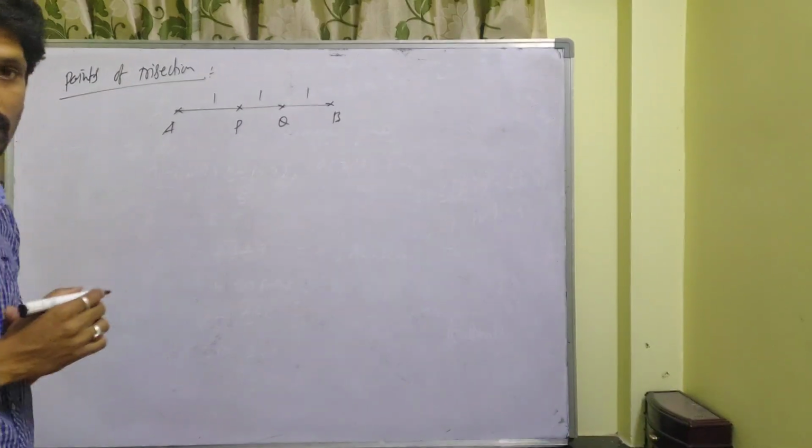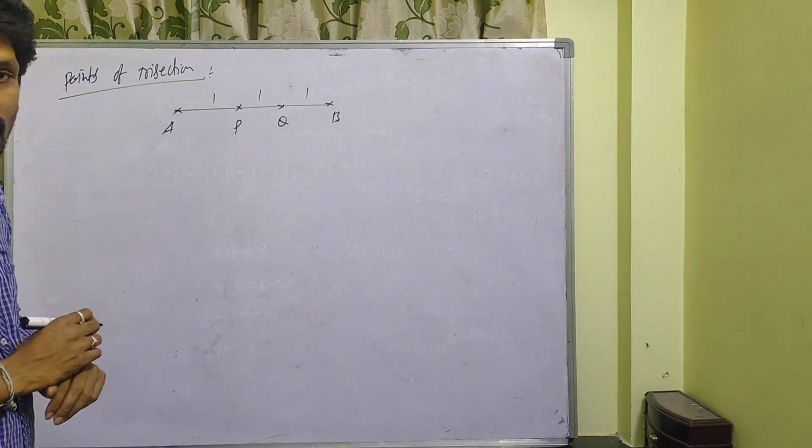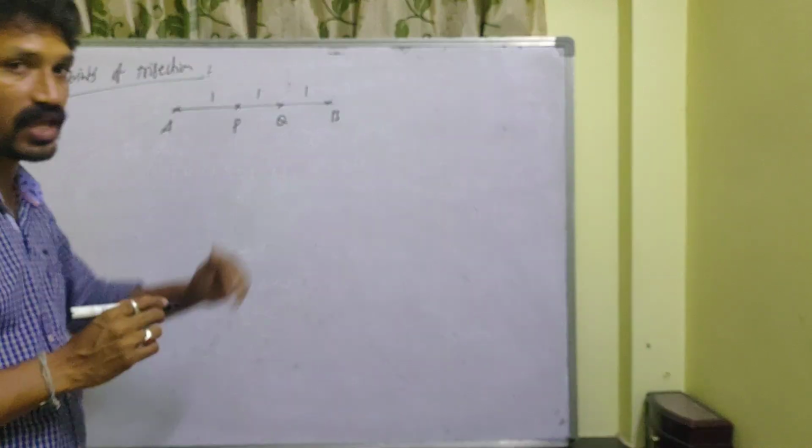Then these 2 points are called the points of trisection of A, B.